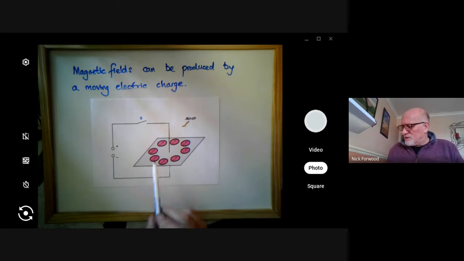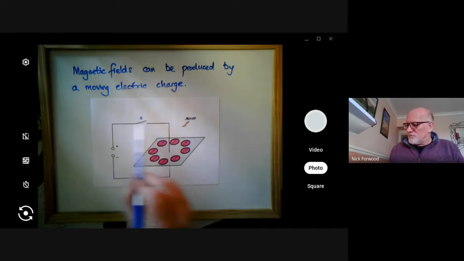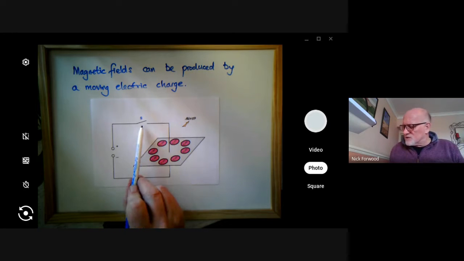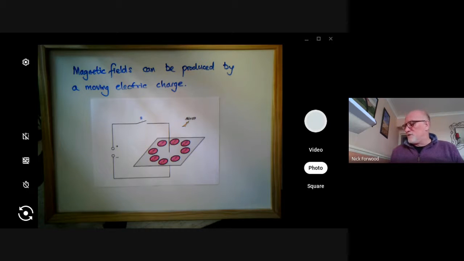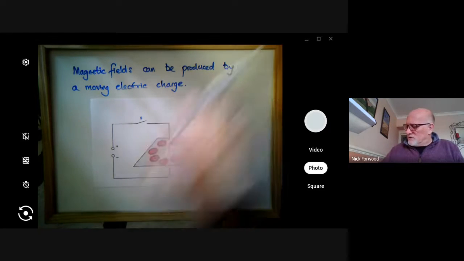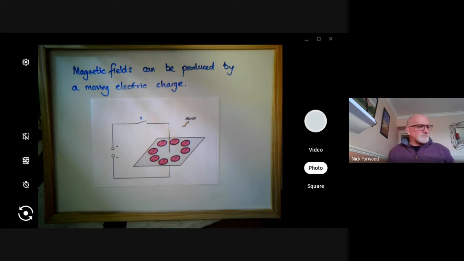And all the little compasses, because there's no current flowing, all the little compass needles point off to the north. There are no charges moving around the circuit because the switch is open, and so there's no magnetic field produced. The only field around all these little tiny compasses is the Earth's field, and all the compasses point north.